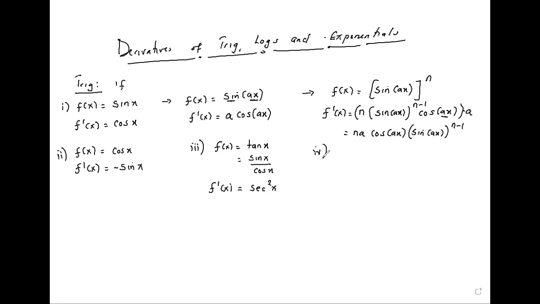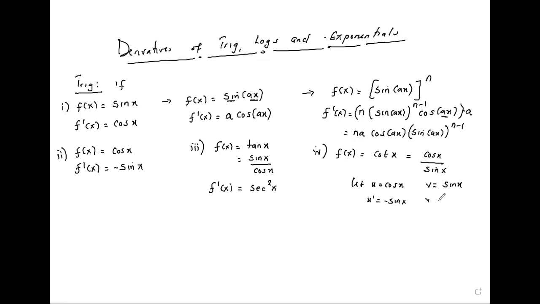Okay, and if you're given f of x, the function cot of x, you know this is the same thing as cos over sine. If we use the quotient rule, you say let u be cos x and let v be sin x. Then the derivative of cos is negative sine.